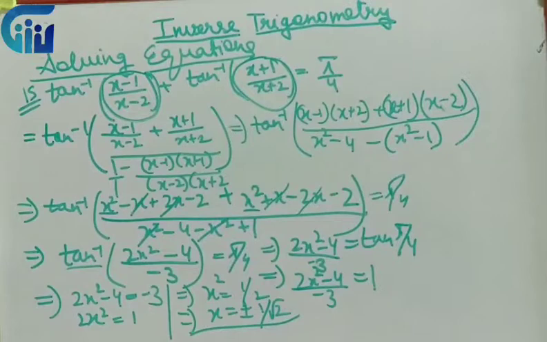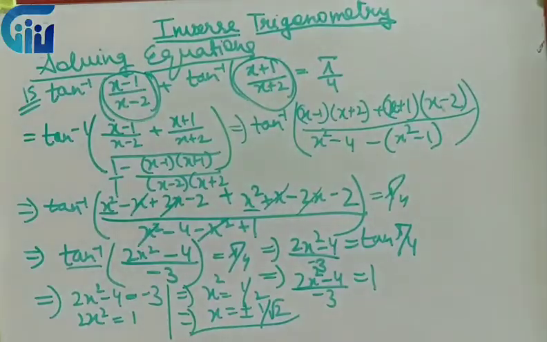We have to check whether both the answers are solutions or only one is. How can we verify? Just remember the condition: we have to check whether this particular xy is less than 1 or not. So let's quickly check.